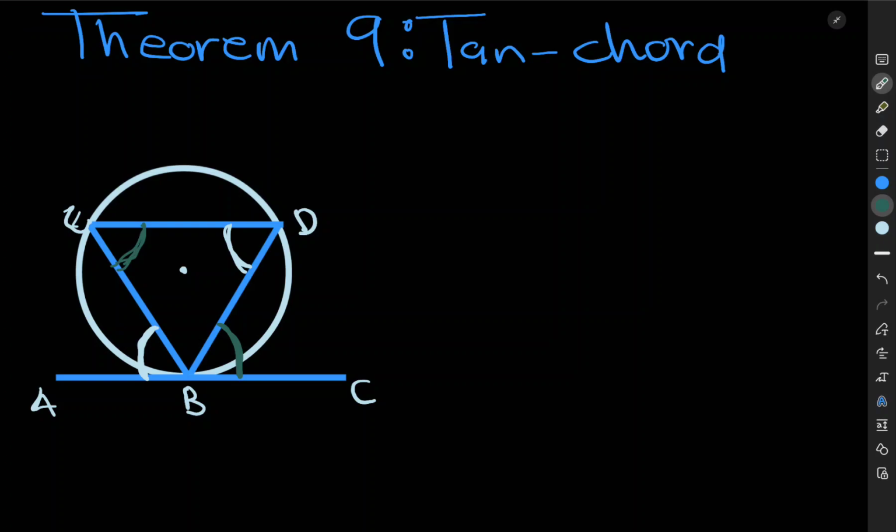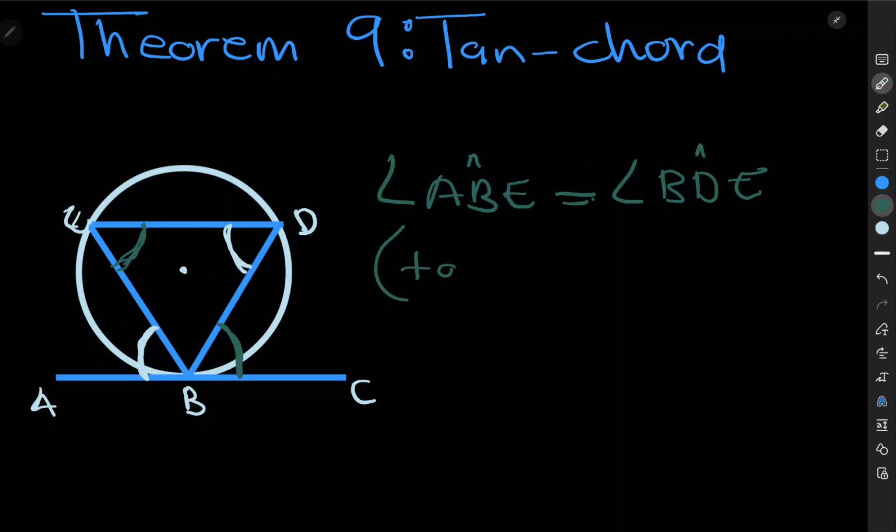Okay, so here we can say that angle ABE is equal to angle BDE, and the reason for that is because of tan chord theorem. Tan chord theorem, or you can just say tan chord theorem.